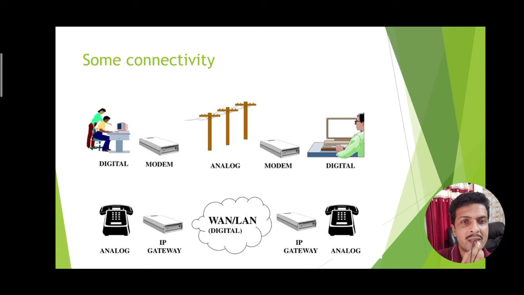At the bottom, it is showing that some analog devices are also connected to the network. The network is of digital type. That is why a conversion from analog to digital is required through the IP gateway. So it transfers the data into the internet through a wide area network or local area network, and thereafter the digital data is collected by the IP gateway, which transfers it to the analog phones.